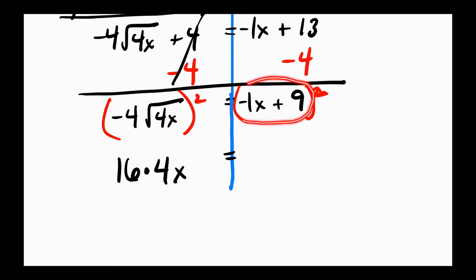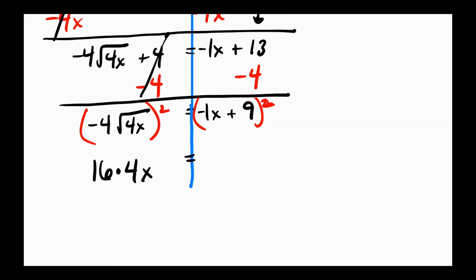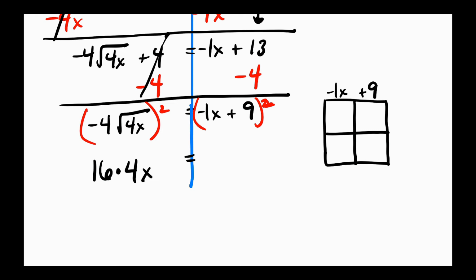This guy, when I square it, it's got two terms. It's a binomial. So I got to do a multiplication box to the side over here. This one doesn't have any roots, so it's more like what we're used to doing. So negative 1 times negative 1 makes 1x squared. 9 times negative 1 makes negative 9x.